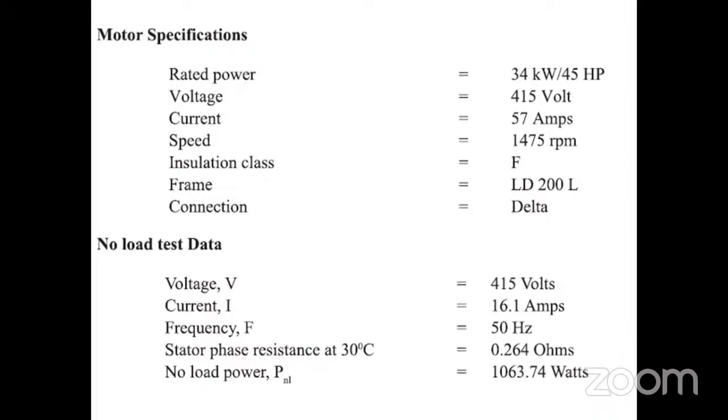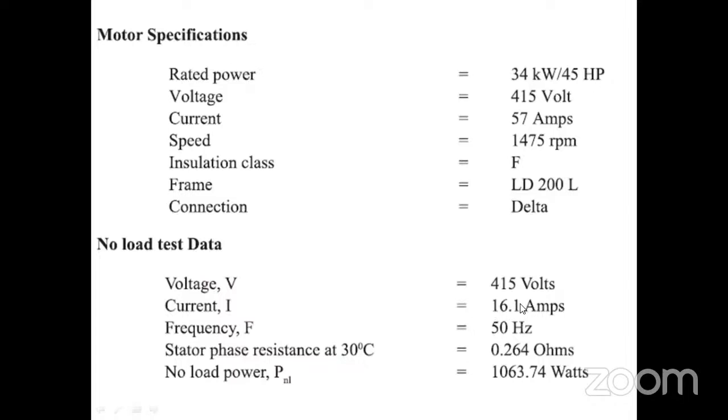Exactly. Insulation class, frame and all are given. We have got the connection also, delta connection. Okay. No load test: we get 415 volt, current is 16.1 amps.